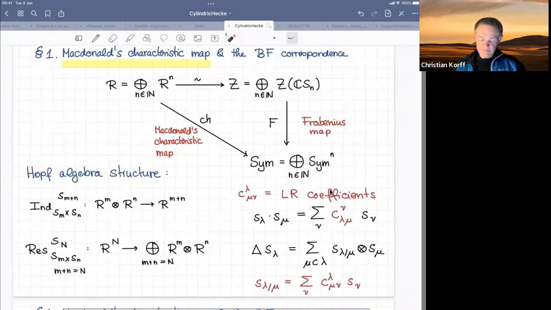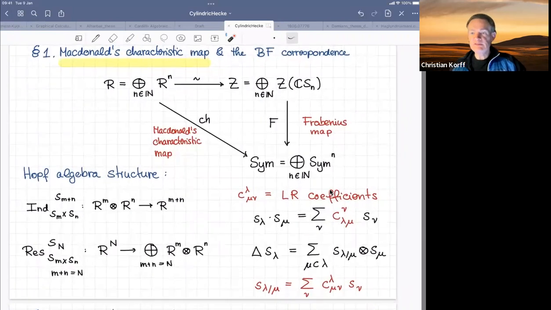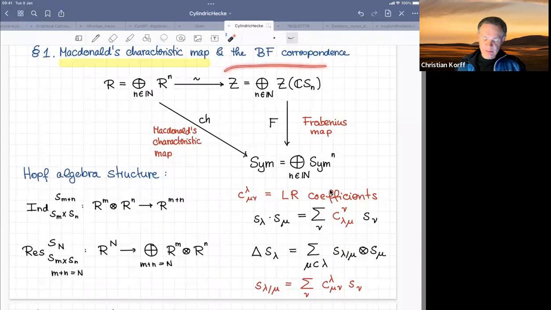Before we had vector space isomorphisms, but it turns out that you also have Hopf algebra isomorphisms here. So these maps also preserve the product and the coproduct. It is quite complicated to describe this directly in terms of these centers.